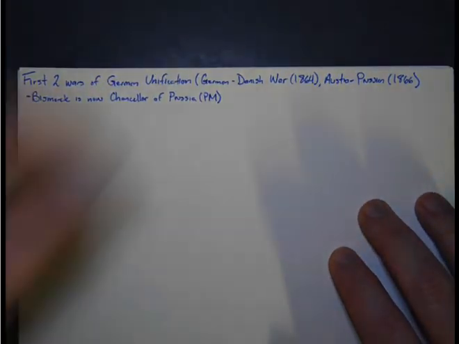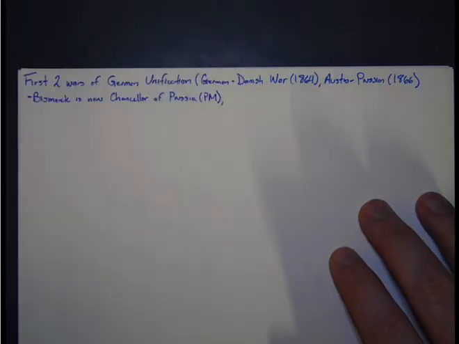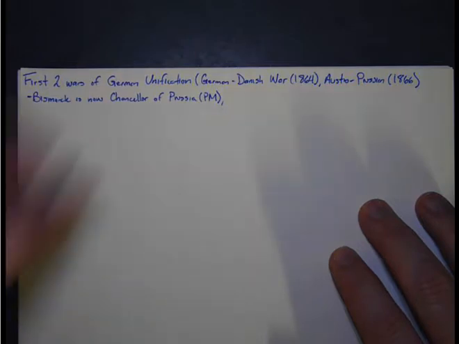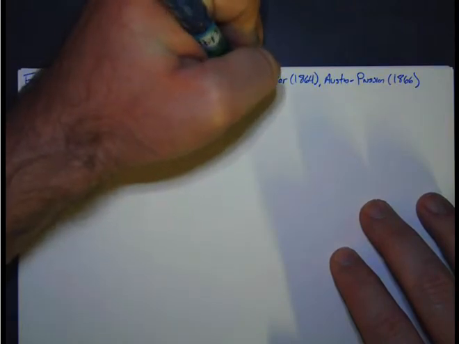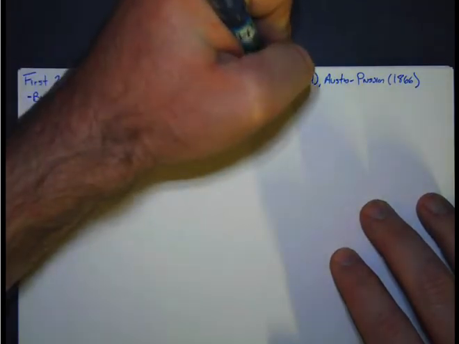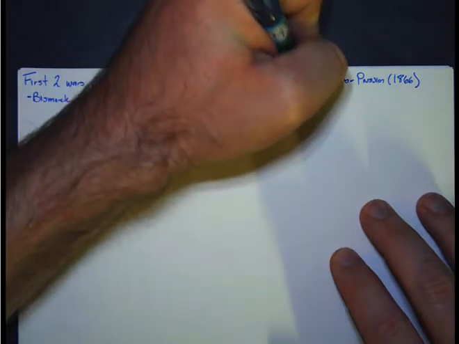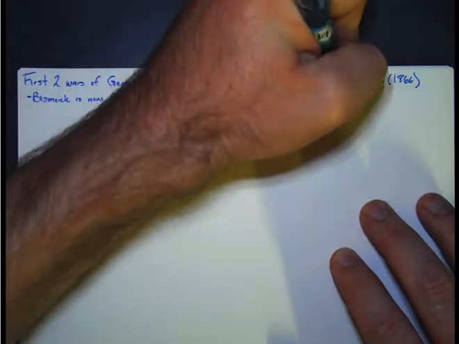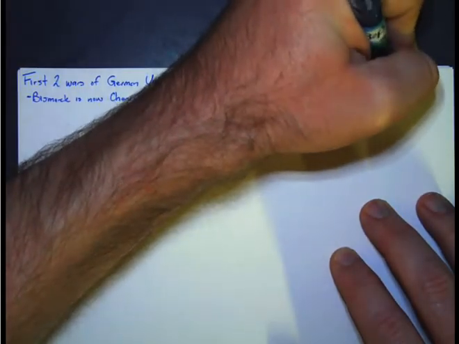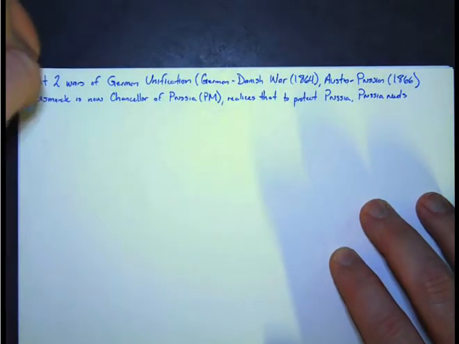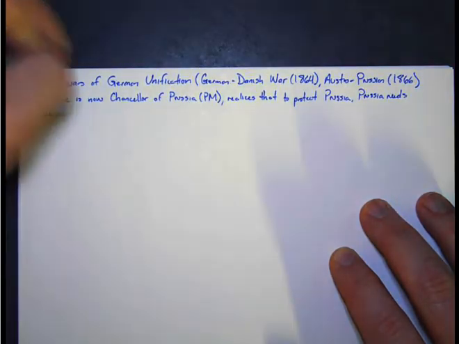And after watching Italy unify and seeing the failures of 1848, Bismarck realizes that to protect Prussia, Prussia needs to be bigger.